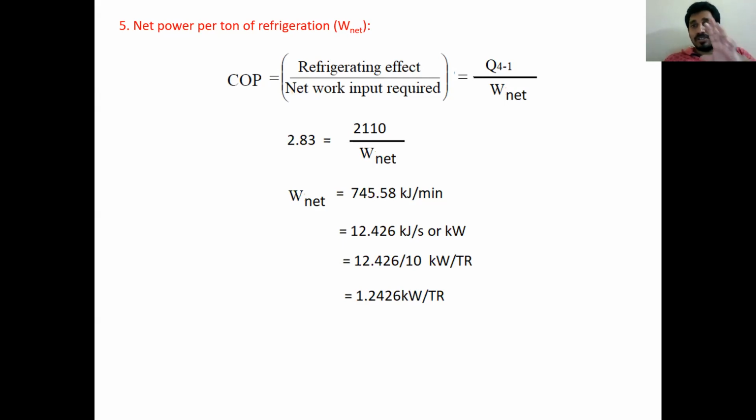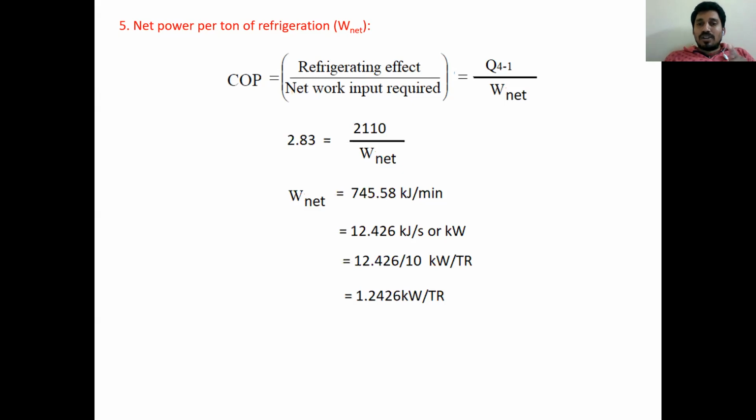Kilojoules per minute, because Q41 is in kilojoules per minute. So in the same unit you will get the net power value. I have converted to kilojoules per second by dividing by 60. You will get 12.426 kilojoules per second or kilowatt. So first the net power value I have determined in kilowatts.